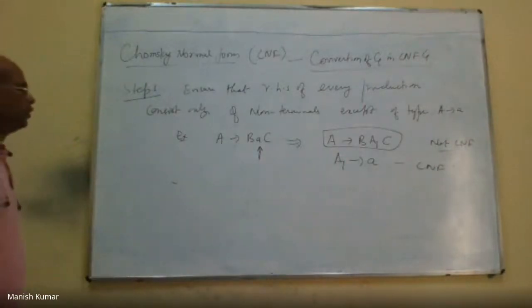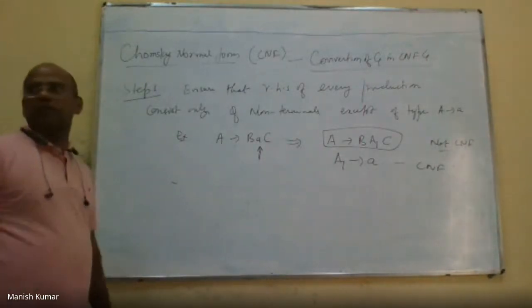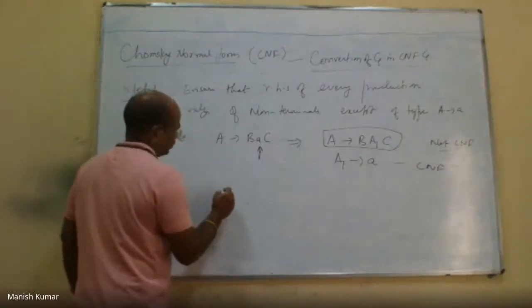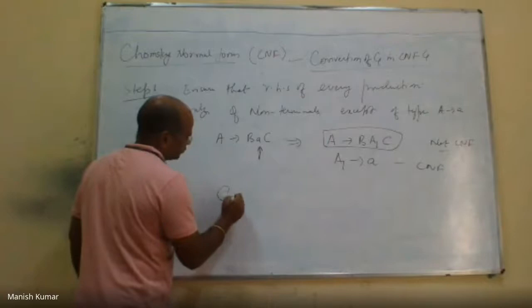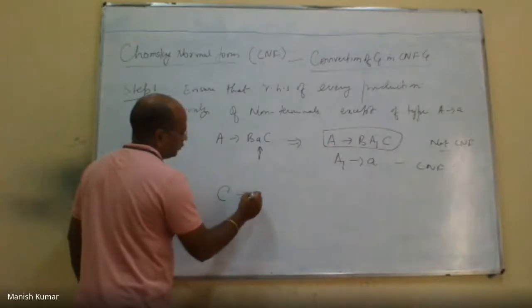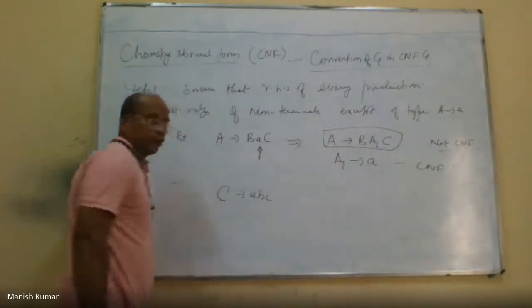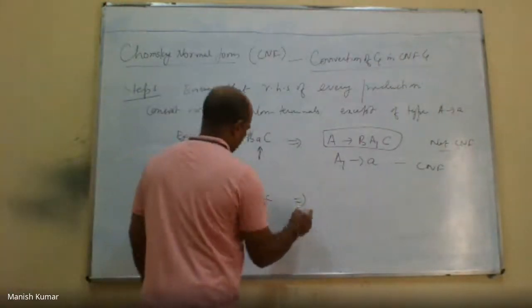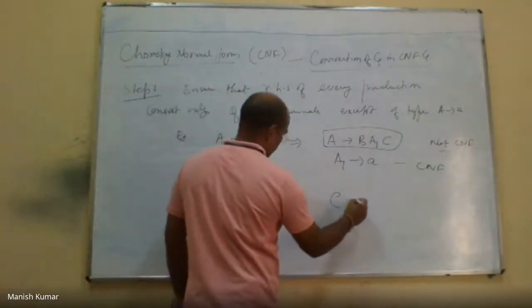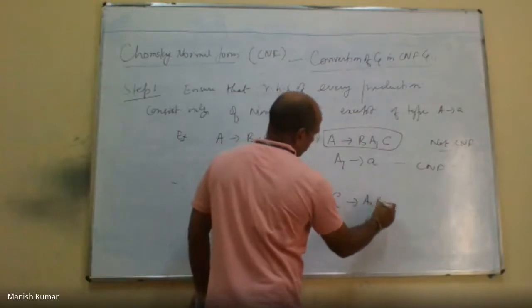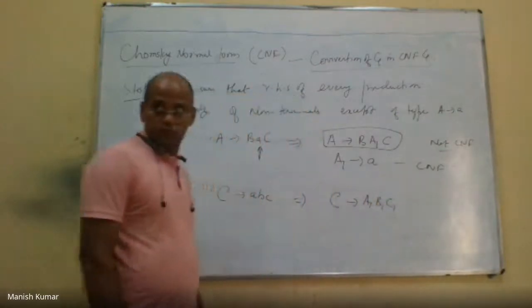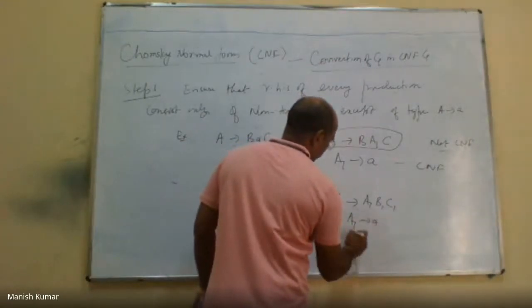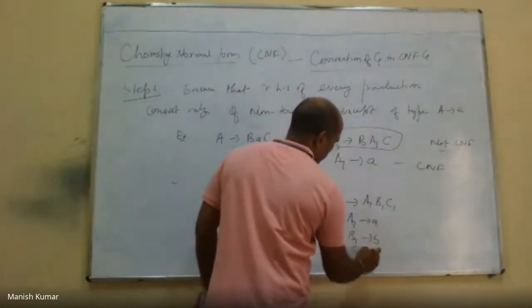You can take any other example also. Suppose you have something like C goes to a B c. You can write C as A1 B1 C1, and then A1 goes to a, B1 goes to b, and C1 goes to c.